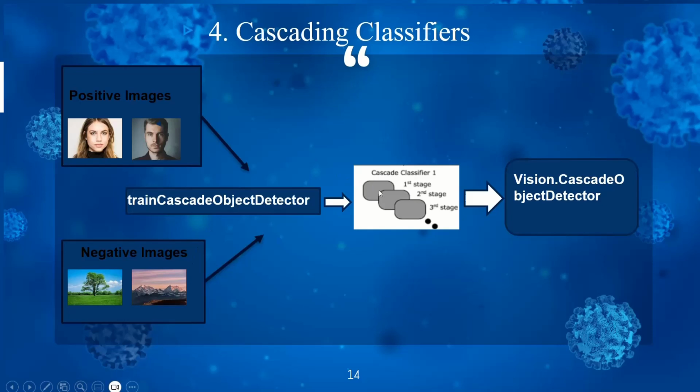So it will go through different stages: stage 1, stage 2, stage 3. After that, we will get an output. We will consider whether it is a face or another object. In this research paper, we have used the Haar cascade classifier, which is basically a machine learning object detection algorithm.